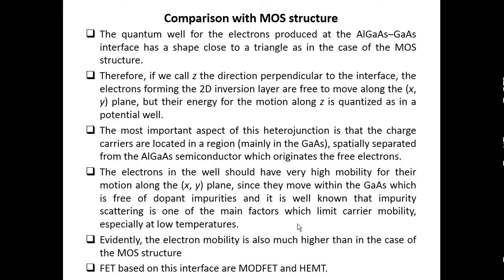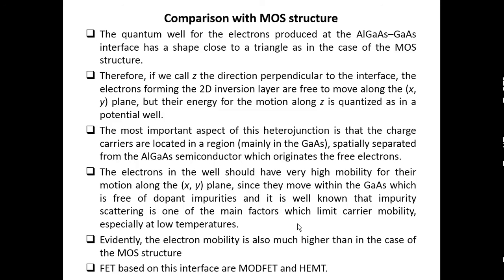Impurity scattering is one of the main factors which limit the carrier mobility, especially at low temperatures. If the material in which the carriers move has some impurity added to it, impurity scattering may happen, especially at low temperatures. That always adversely affects the carrier mobility.